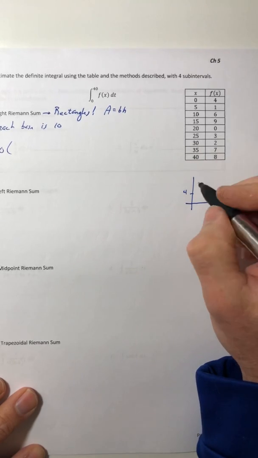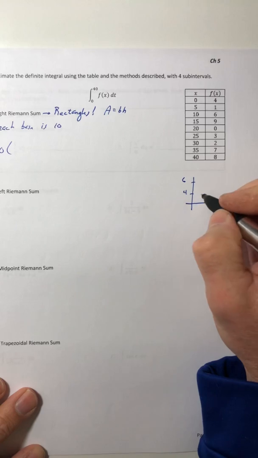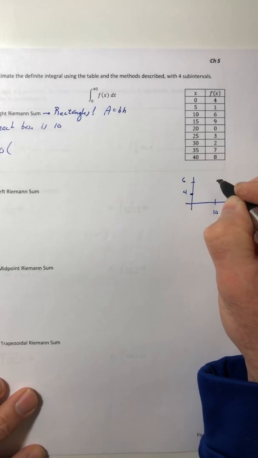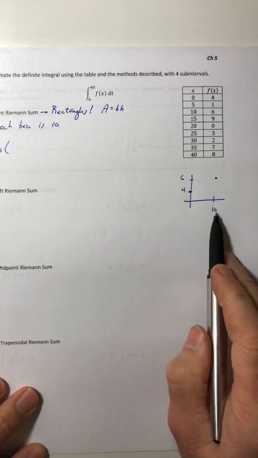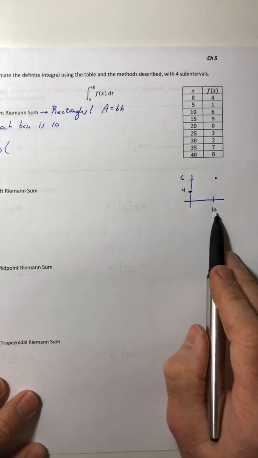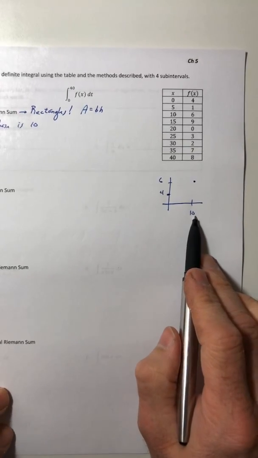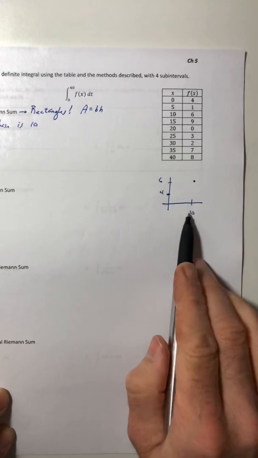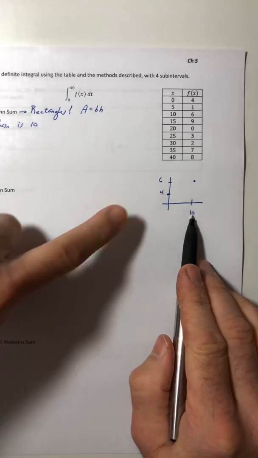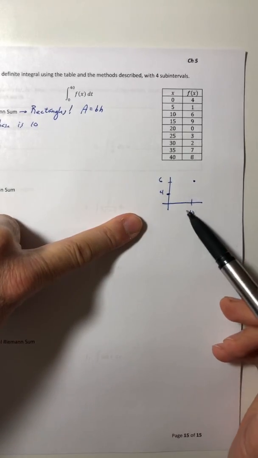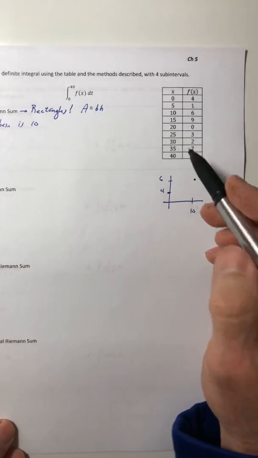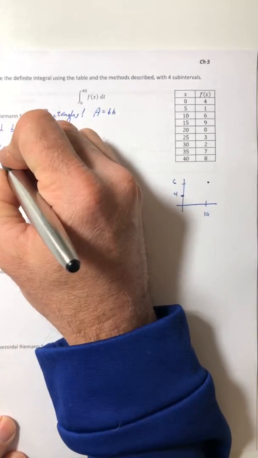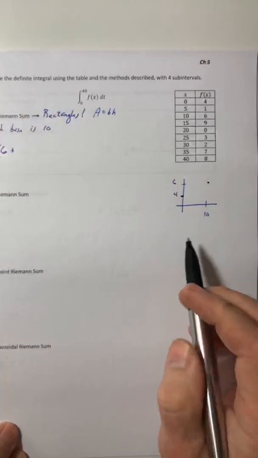When x is 10, y is 6. If you look at these two values, the 0 and the 10, which one is on the right? That would have to be the 10. What y value goes with the 10? The 6. So that's the height we're going to choose.